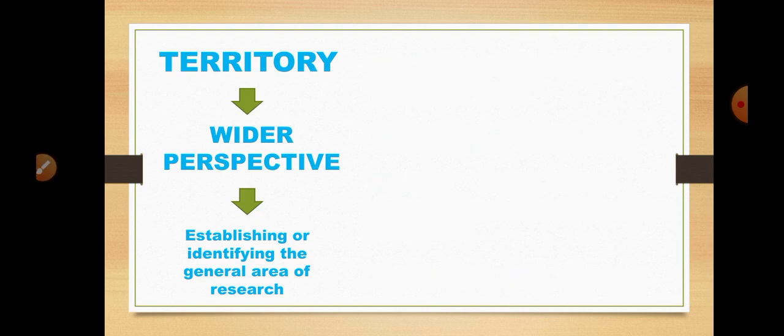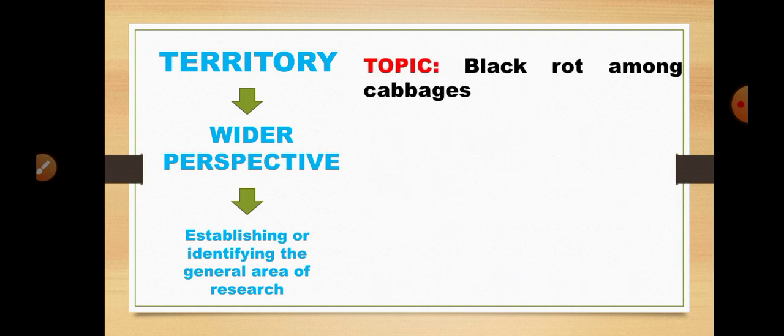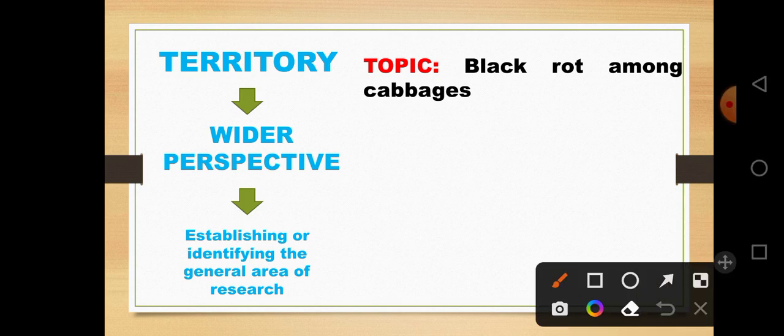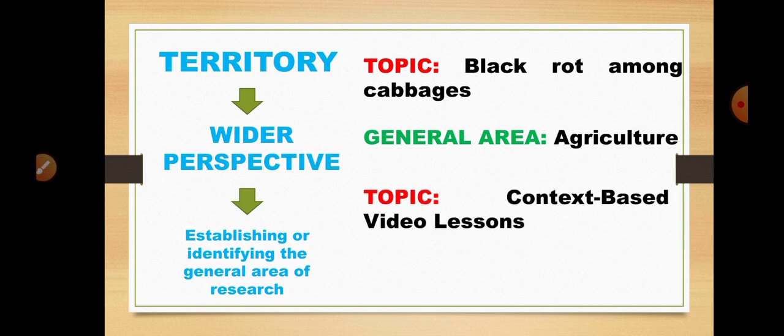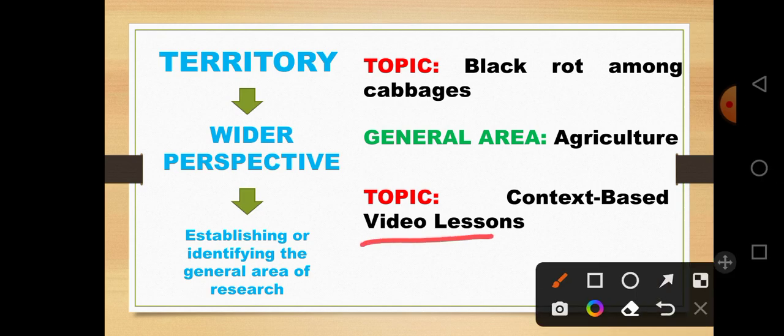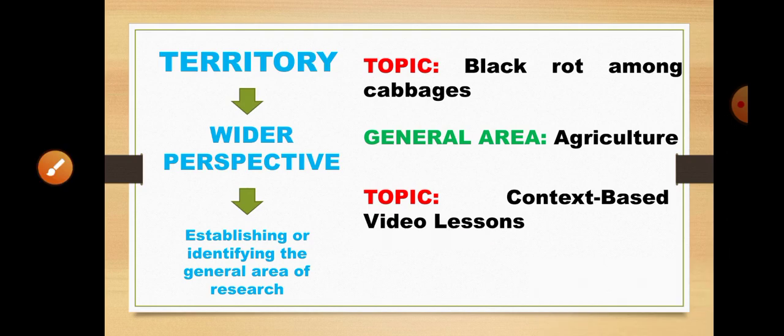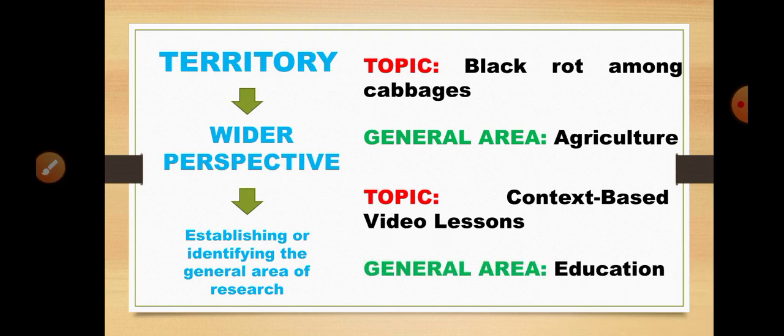Let's have other examples. Black rot among cabbages. Remember class, cabbages are examples of crops, and crops are part of agriculture. The next topic we have is context-based video lessons. From the word itself, video lessons are a kind of instructional material used in teaching, and if we have teaching, we have an area known as education.